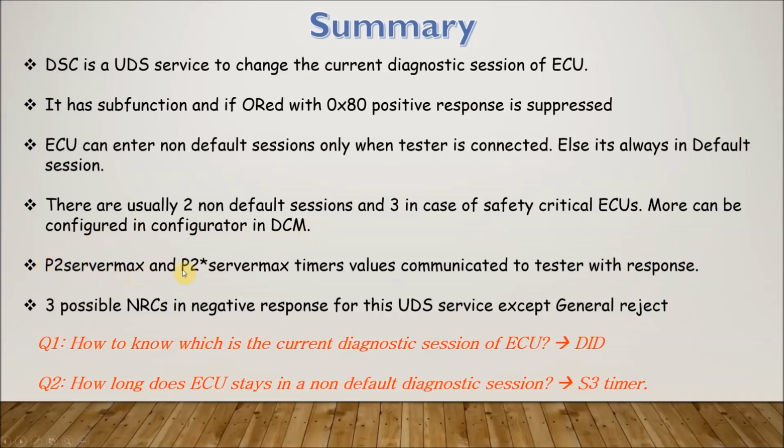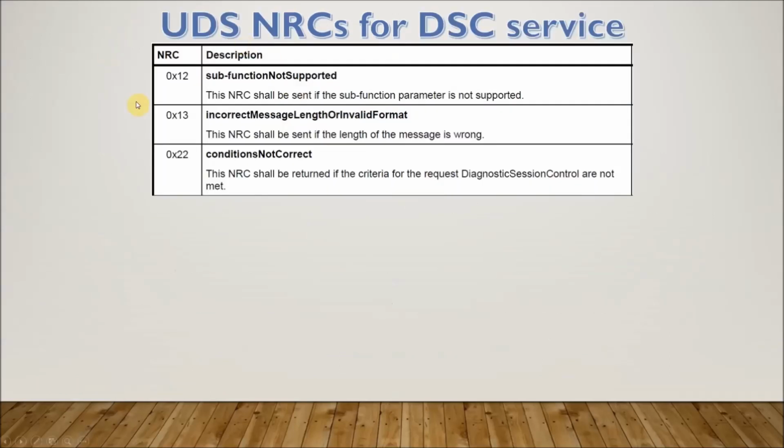P2 server max and P2 star server max timer values are communicated to the tester with the response of this UDS service, which I have already explained. And the possible NRCs in negative response, not considering the general reject of course, for this UDS service are: subfunction not supported, incorrect message length or invalid format, and conditions not correct.